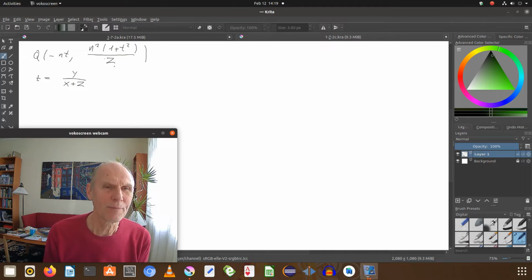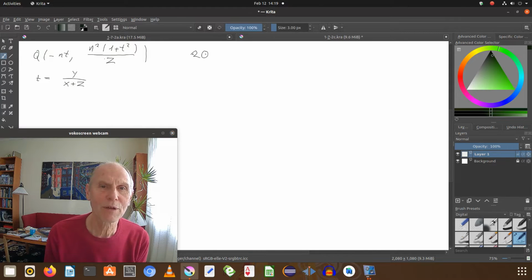Now, what do we have here? We needed to compute 2q. That was our point. And the x value, that is n squared plus the x value squared, n squared t squared, divided by 2y.